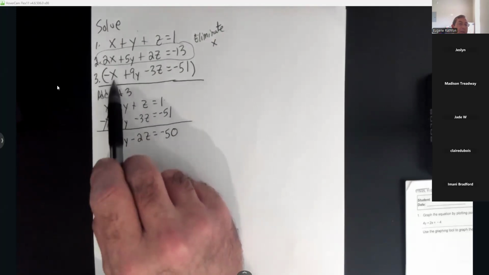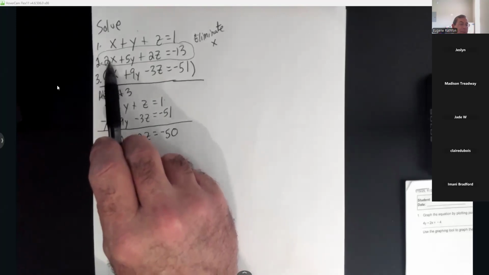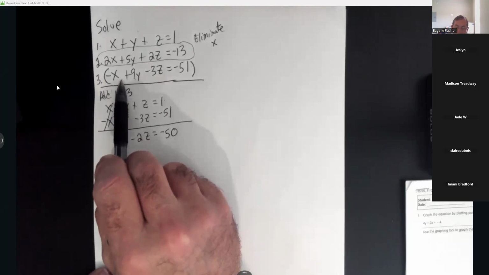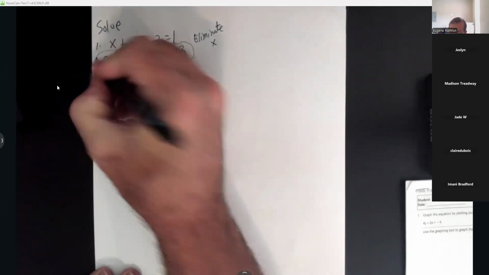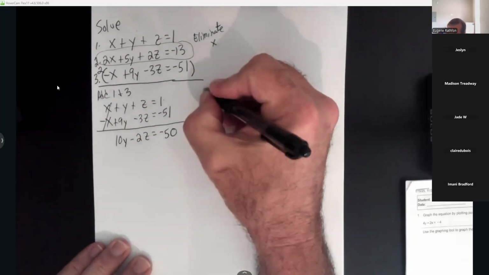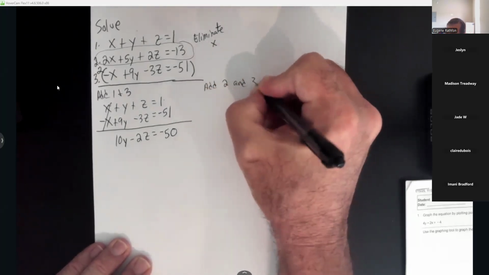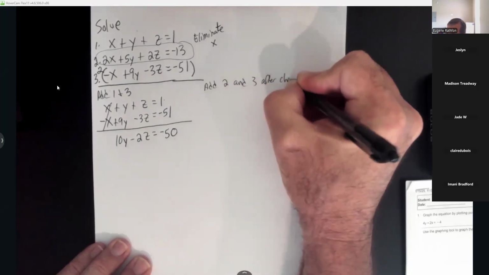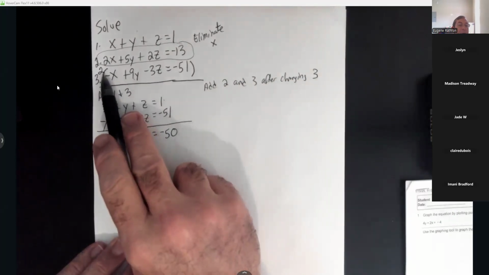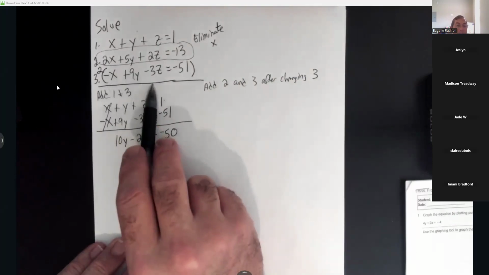So I got a 2x here, and this is a negative x. So remember, if you want to cancel a 2x, this one has to equal negative 2x also. So this whole row, I got to multiply by 2. Okay? So I'm going to add 2 and 3 after changing 3. Okay, so I'm changing 3 by multiplying by 2. So 2 times negative x will give you negative 2x and so on, okay?